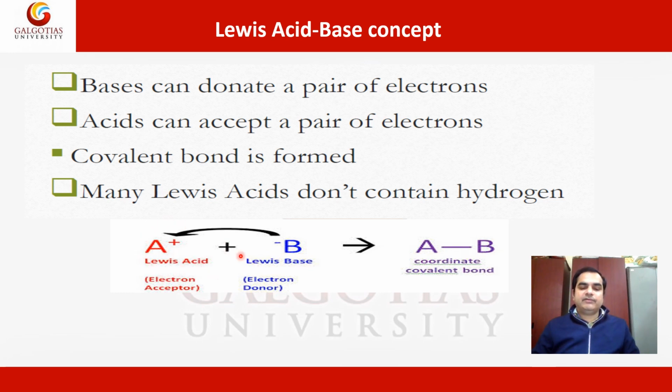When they combine with each other, they form a coordinate covalent bond between them, directed by this headed arrow from B to A. The arrow shows that electrons are moving from B towards A.